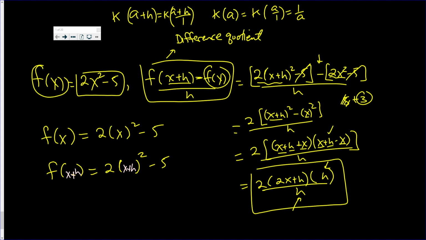In other words, maybe that 2 should have been a 12. If it were a 12, you'd still have h over h, and your answer would be wrong because you don't have the 12 there. So there's no guarantee that you're right, but if you don't have h over h, I guarantee you that you're wrong. You do not have the right answer. So it's a partial check.